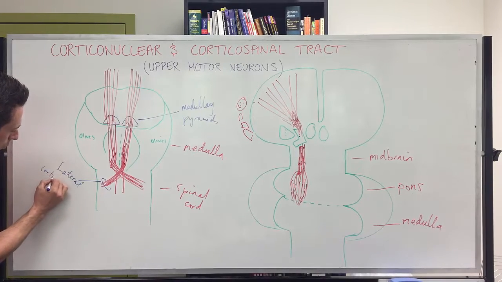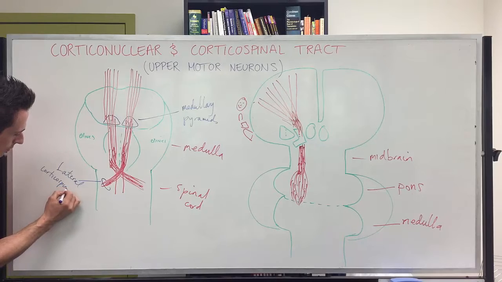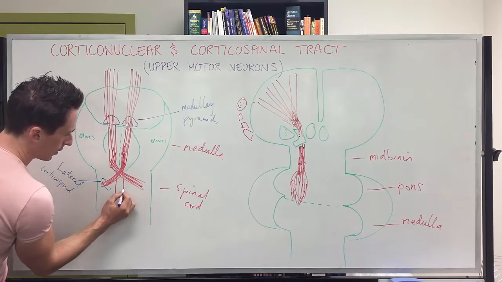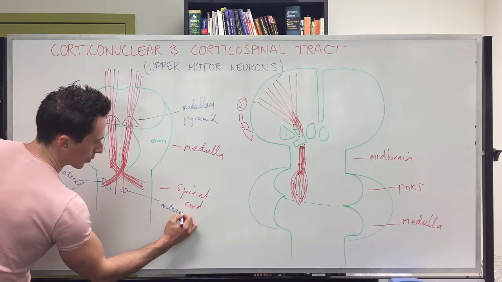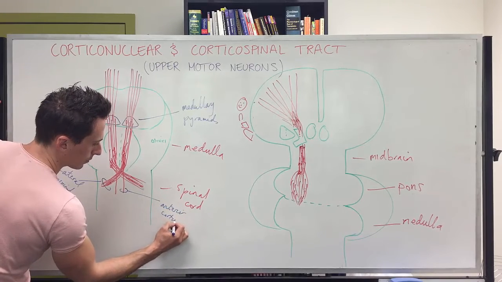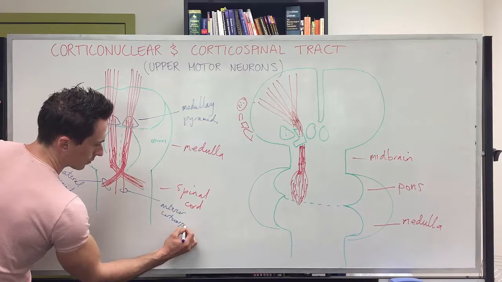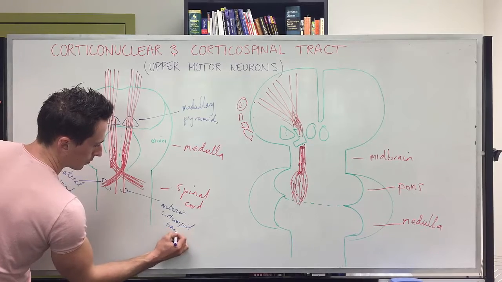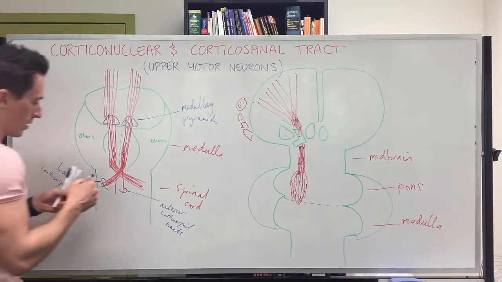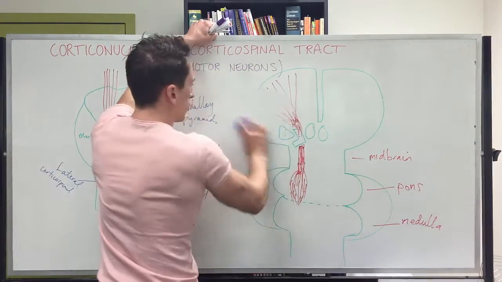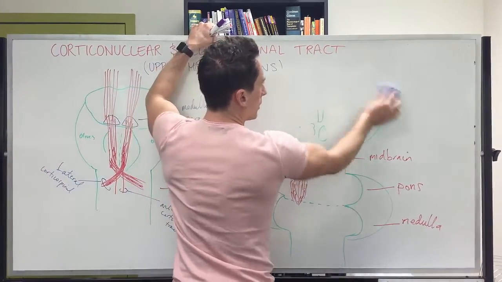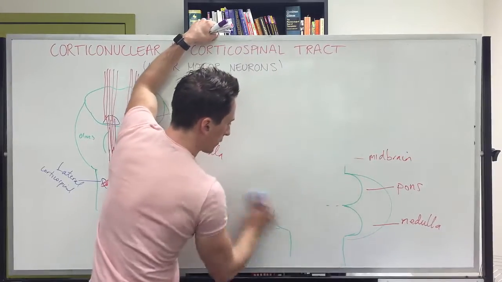Lateral corticospinal tracts, and these are called anterior corticospinal tracts. Now, what happens when they come down? Well, I'm going to erase this because I want to show you what happens when they get to the spinal cord, more specifically.